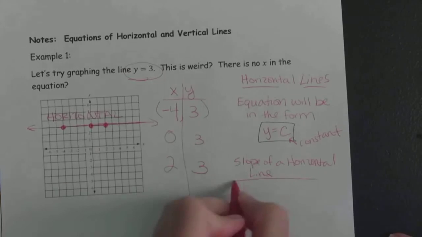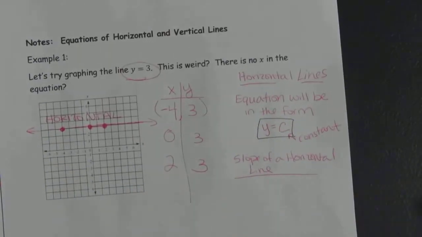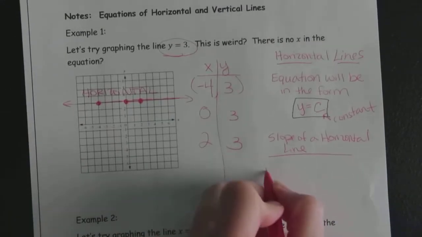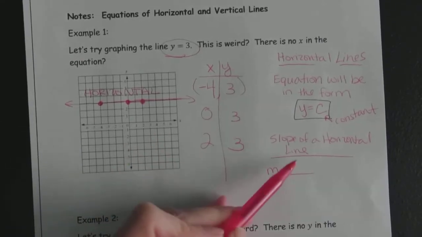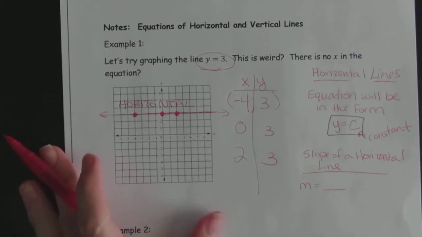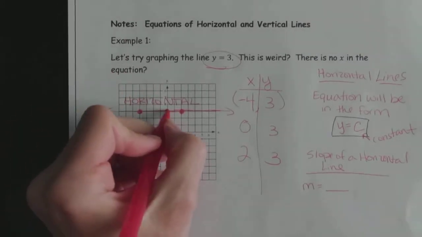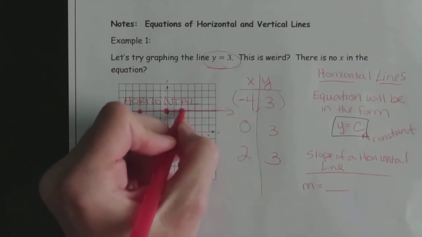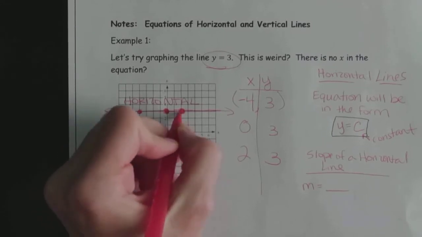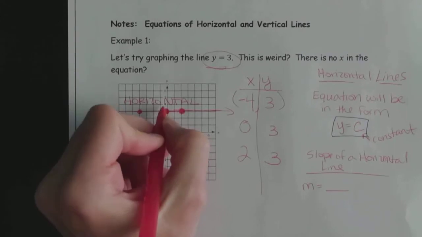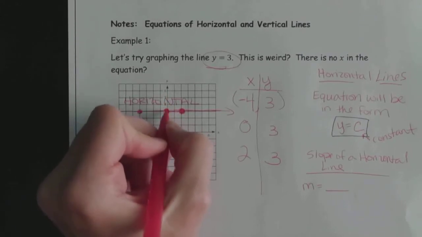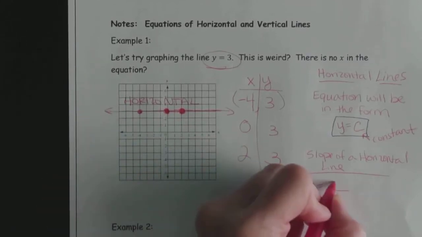Well, now that we have a graph, we can count rise and run between points. So m equals, we know it's going to be the rise over the run, or the change in y over the change in x. Let's just pick these 2 points right here. To get from left to right, how many do I rise up or come down? You can have a negative rise too. You see how you rise nothing?